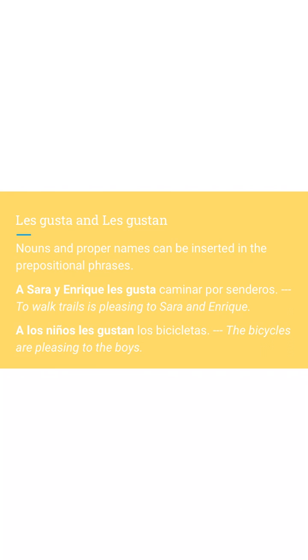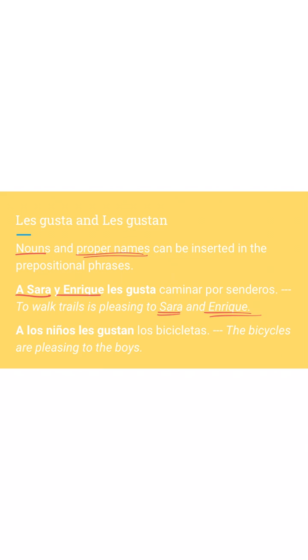So, one last important thing to note is within les gusta and les gustan that our nouns and proper names can be inserted into the prepositional phrase. Right, so we learned this whenever we worked with le as well. We could be specific and say, a Sarah y Enrique les gusta caminar por senderos. Or to walk trails is pleasing to specifically Sarah and Enrique.